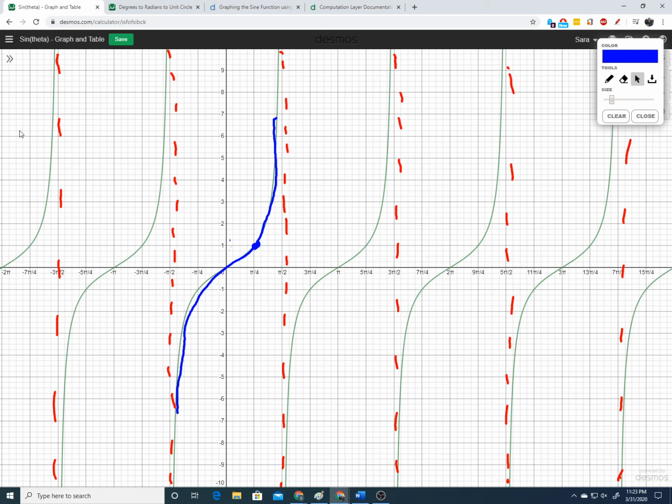I can see here that it is repeating itself only from negative pi over 2 to pi over 2. Or in other words, this one has a normal period of pi.